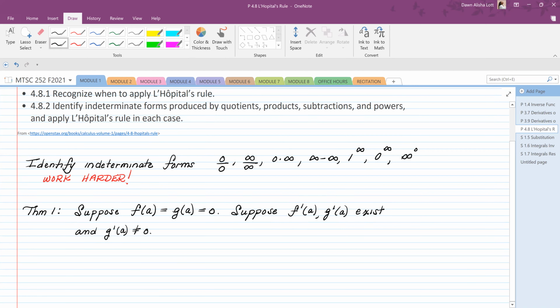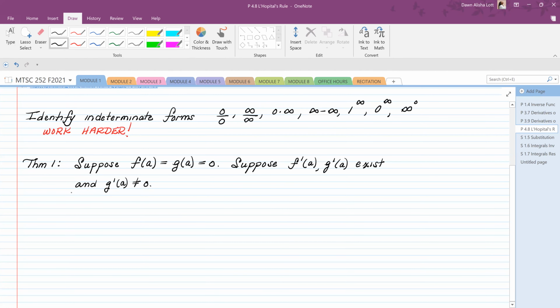So this is very easy. It says that the limit as x approaches a of f of x over g of x, which would normally give me, if I put in a, 0/0, just becomes f prime of a over g prime of a.